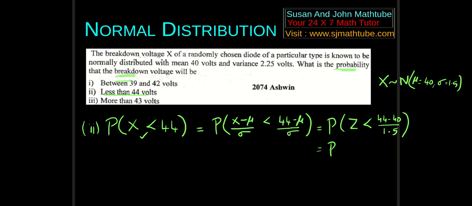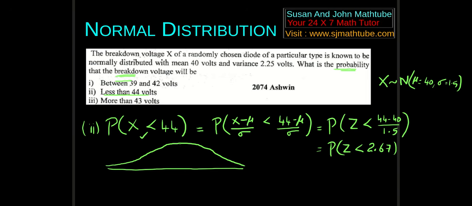So take a calculator, and that is 2.67. Now draw the graph. And this is what we want. Let's say this is 2.67. So we are interested in this area because less than 2.67 means from minus infinity to 2.67.